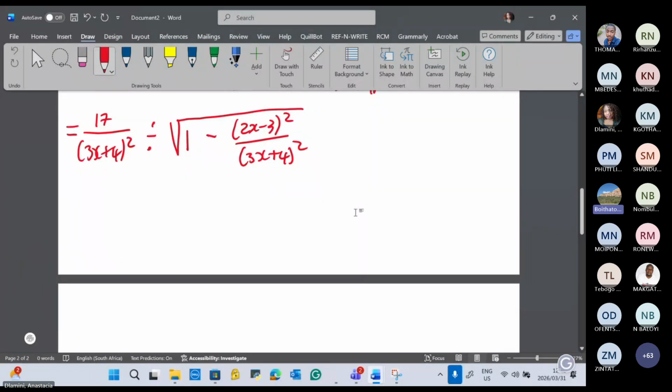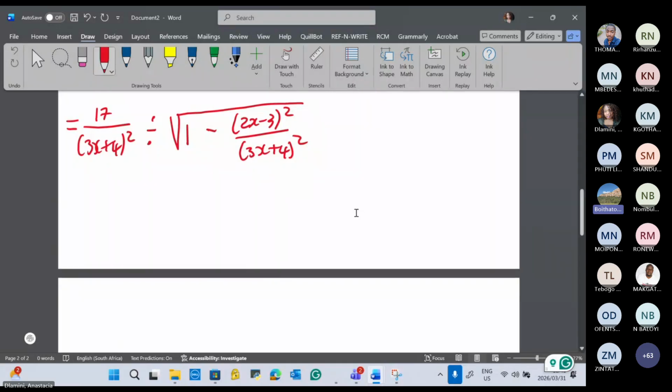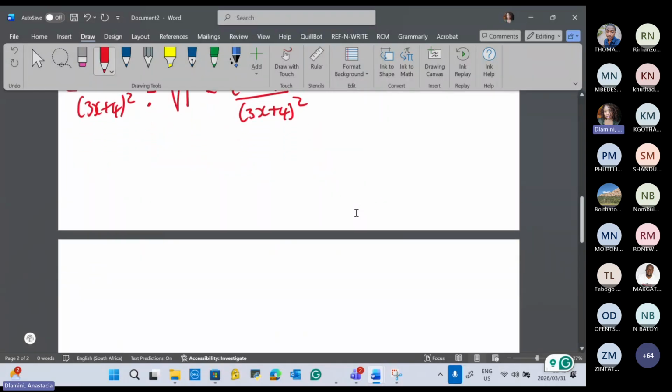Underneath the square root, we can make both the terms inside have the same denominator. So in other words, we can multiply 1 by (3x plus 4) squared divided by (3x plus 4) squared, so that it has the same denominator as the next term, and then we simplify it in that manner. Well done.